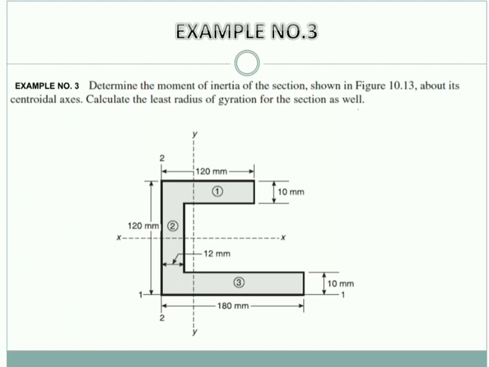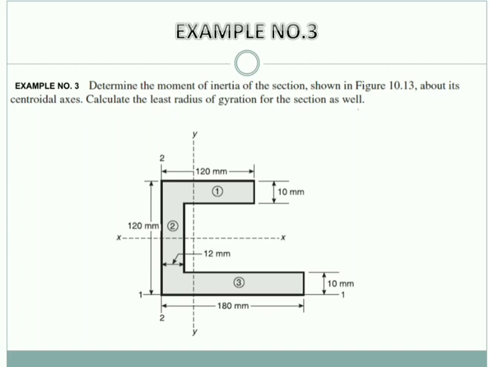Now with this type of example, you need to make the entire table. You cannot skip x bar or y bar as it is unsymmetrical. So the table becomes quite big and the number of calculations involved is also high.